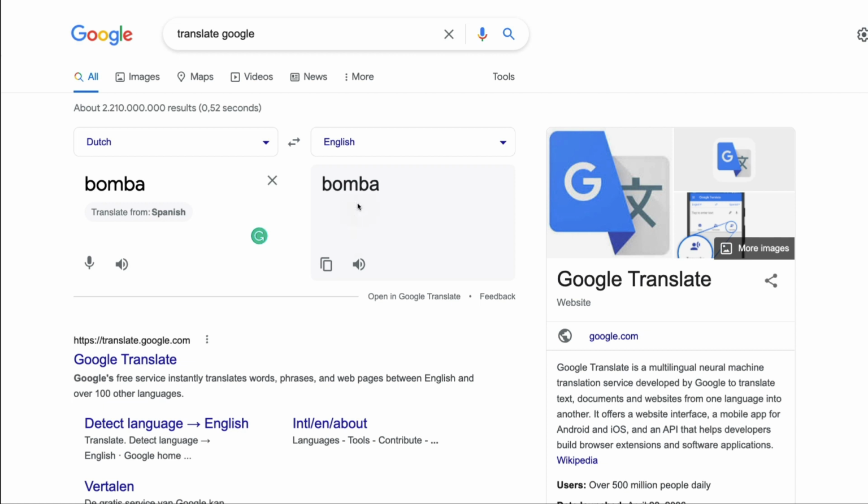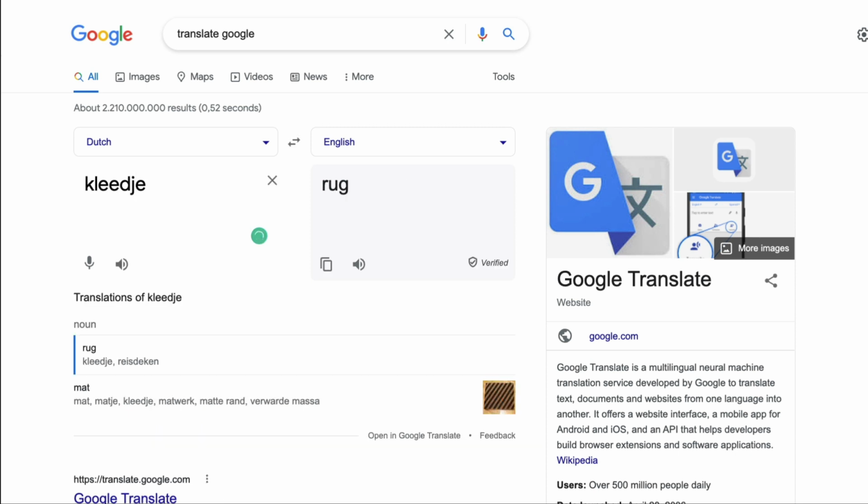And again, I cannot blame it, because this word is really uncommon unless you are from the Flemish region. But the more you start thinking about Flemish, the more awkward it gets. For example, in Flemish, if someone were to say kleedje, then it means dress. But if you're not Flemish and you're from the Netherlands, then kleedje would mean rug.